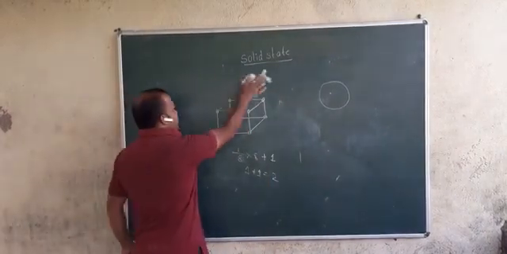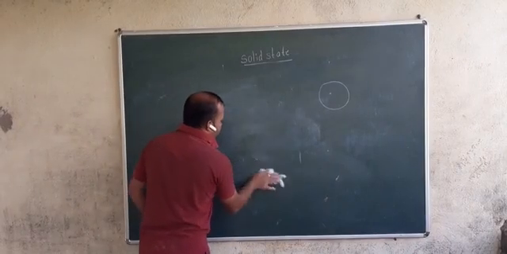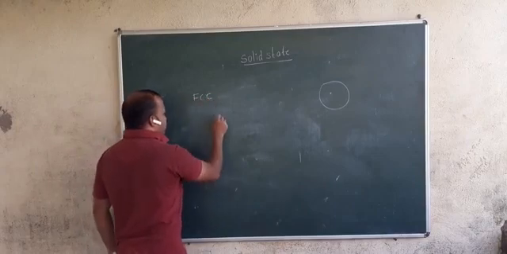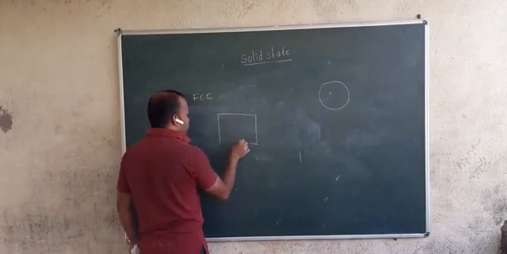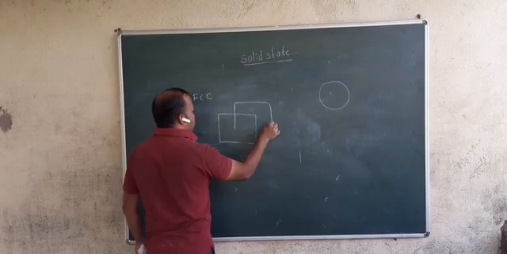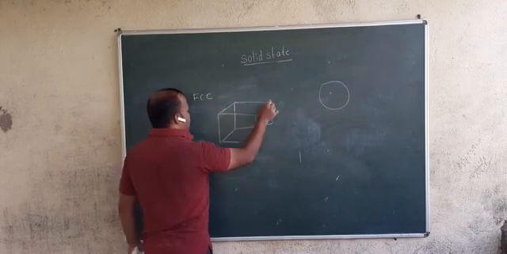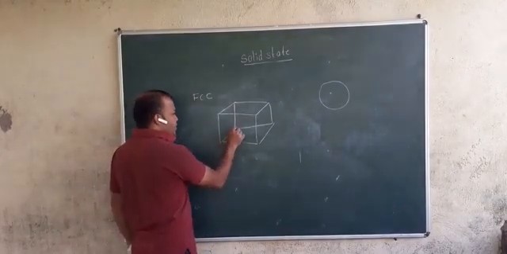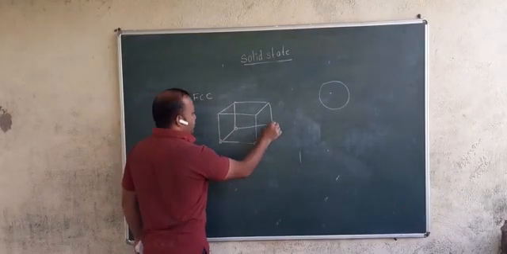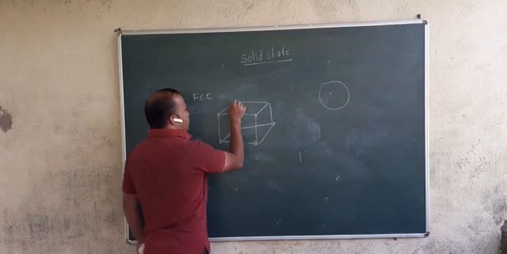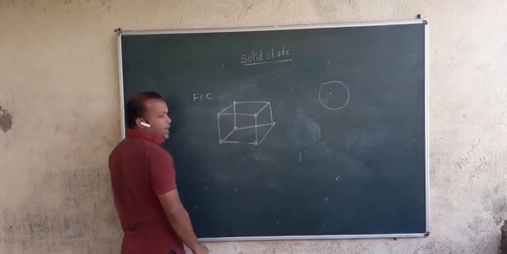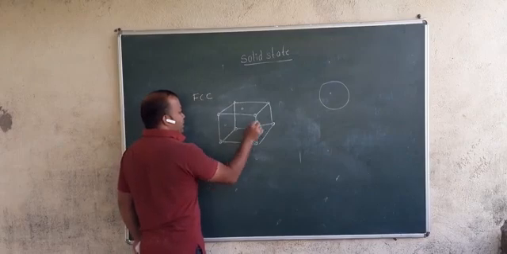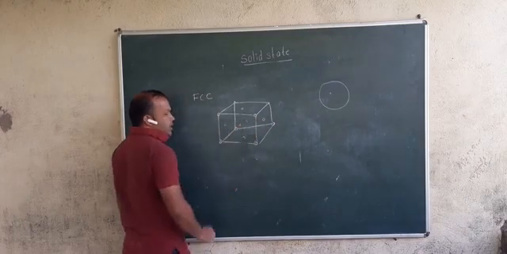Now the third one, that is FCC. In FCC, 8 constituent particles are at 8 corners and 6 at 6 different faces. 1, 2, 3, 4, 5, 6.